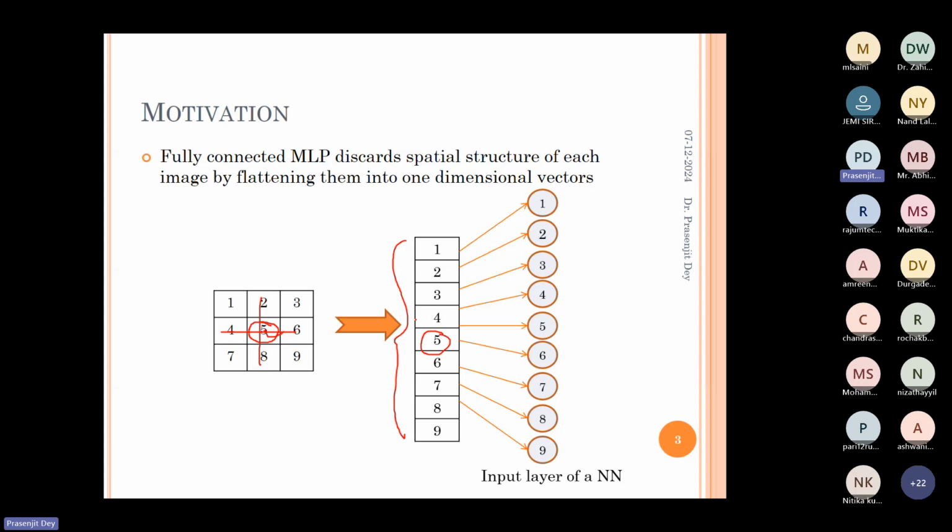So what is the problem here? How does the human brain work? The human brain carefully takes care of the neighborhood relationships. Like the lip is supposed to be below the nose, and the upper lip should be aligned with the lower lip. The eyes should be on both sides of the nose, above it, and there should be some symmetry of the eyes, nose, and ears with respect to the mid region of the face.